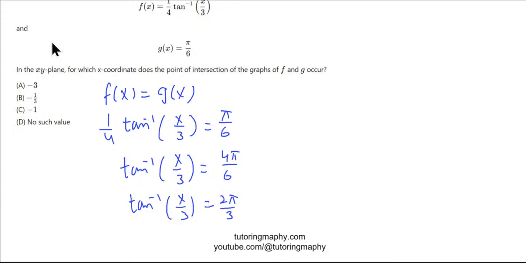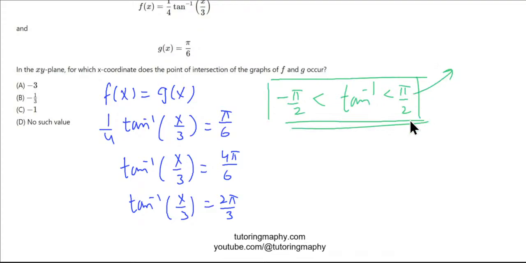But no, this is a trick question, because can tan inverse actually be 2 pi over 3 in the first place? Ask ourselves, what is the range of tan inverse? Tan inverse is always between negative pi over 2 and pi over 2. It can never return a value greater than pi over 2. Pi over 2 is 90 degrees and 2 pi over 3 is 120 degrees.